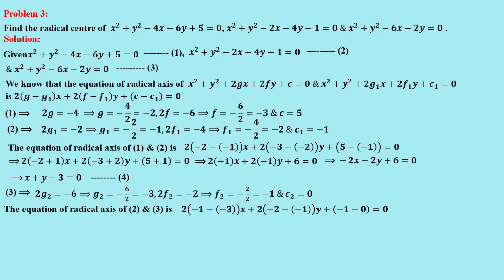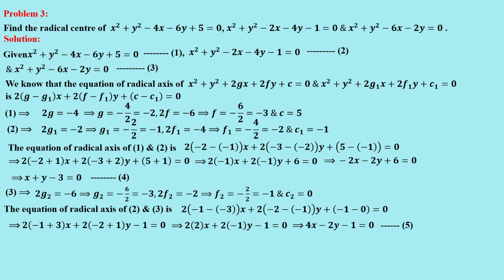Substituting the values: 2(−1 − (−3))x + 2(−2 − (−1))y + (−1 − 0) = 0. After simplification you will get 4x − 2y − 1 = 0. That is equation number 5.